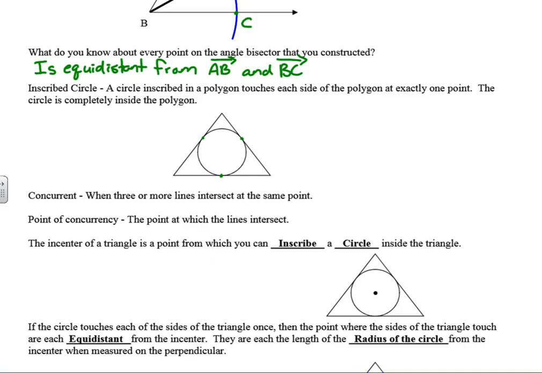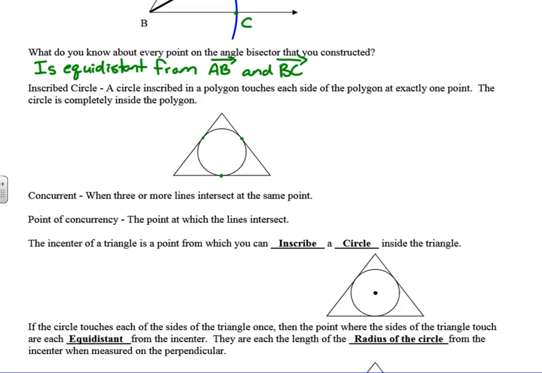The next phrase we have is concurrent, when three or more lines intersect at the same point. And then the point of concurrency is the point at which the lines intersect. And I've got a little song I can't do all of, because we haven't done all the information yet, but it says, in a triangle you have three lines, and you need to know where they come together.